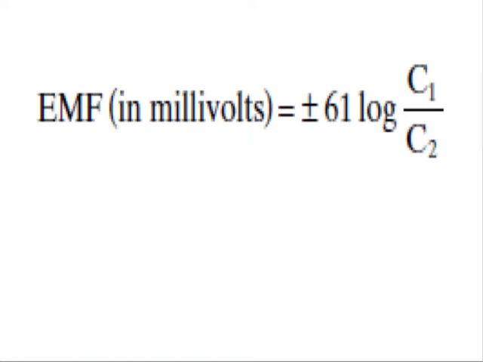There is always a Nernst potential for each ion and for each cell membrane at which the movement of the charged particles is stopped at a particular concentration difference across the cell membrane. And that difference in the voltage is called the Nernst potential.